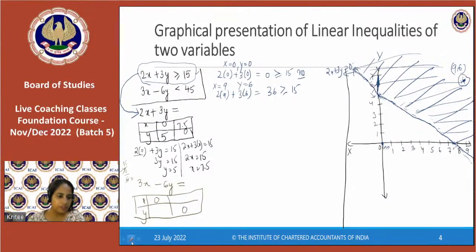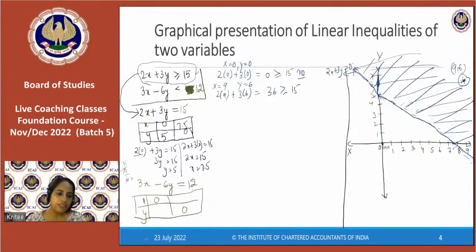So I will just make a small change here. I'm so sorry, this was 15. So 3x minus 6y, let's take 12. Less than 12. So this is 12. I've changed a bit of the question. So 3x minus 6y is less than 12.